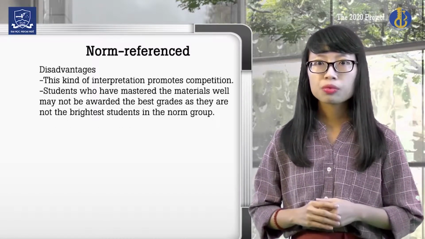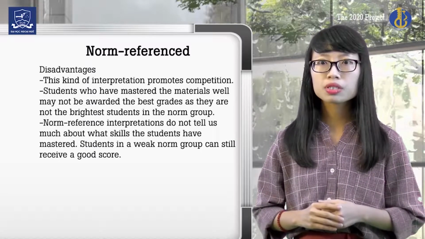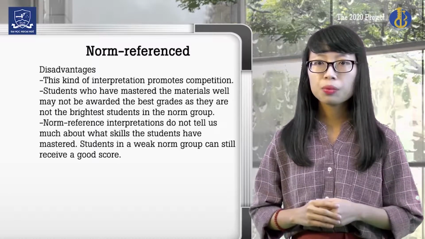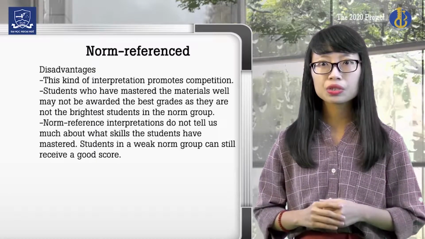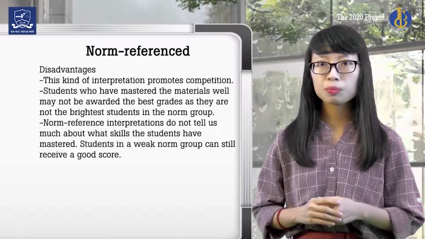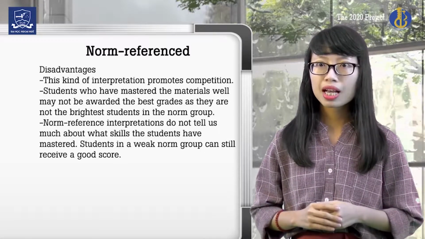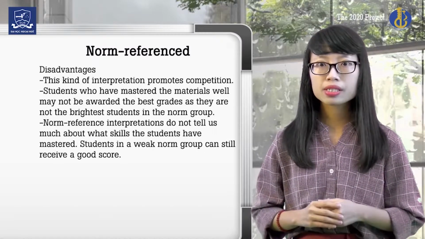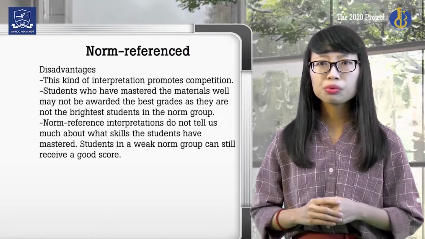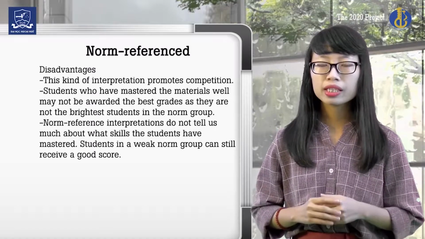Moreover, norm reference interpretations do not tell much about what skills the students have learned. Students in a weak group can still receive a good score. For example, if a student was reported to be the best student in an English class where grades were based on norm reference interpretation, you really do not know how well the student has mastered English.